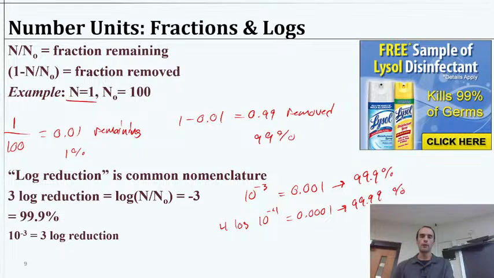So as you might see, saying 4 log is a lot easier than saying 99.99%, right? So it's shorthand, it's used really often. It's just a matter of log base 10 and understanding that, okay? And it relates exactly with the fraction remaining, fraction removed kind of stuff.